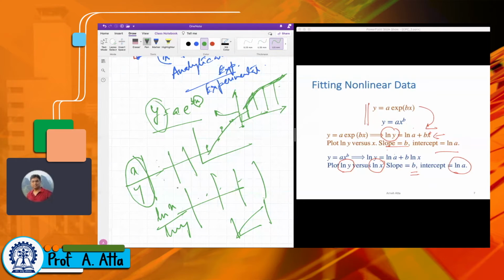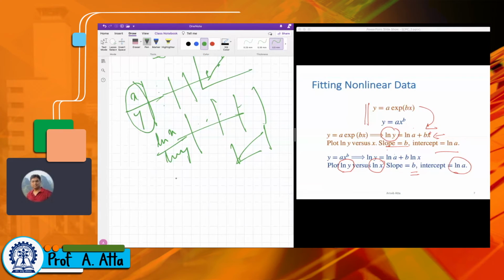That leads to the concept of log-log and semi-log graph paper. The reason I'm telling these things is that it is not much of relevance nowadays because we have so much technological advancement that Excel, MATLAB, any kind of software does this for you.